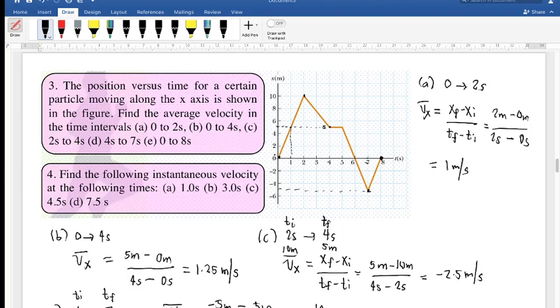Now take note that the object that is moving from 0 to 2 seconds is moving at constant velocity. Okay? As you can see here, constant ito kasi yung slope natin is constant anywhere here. So constant yung velocity na straight line yung ano niya. So, therefore, for 1 second lang, we can actually get the velocity for 1 second dito anywhere.